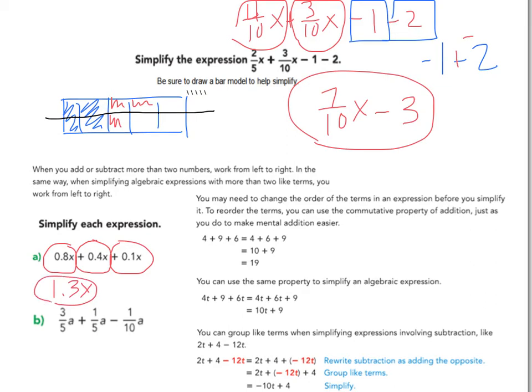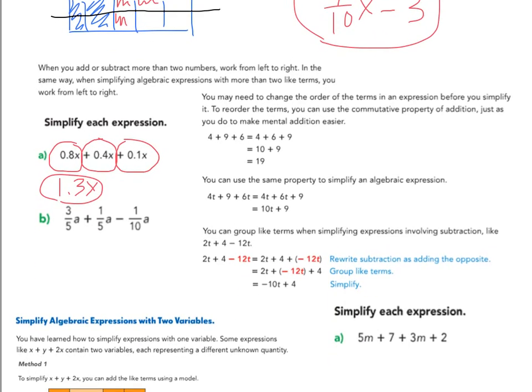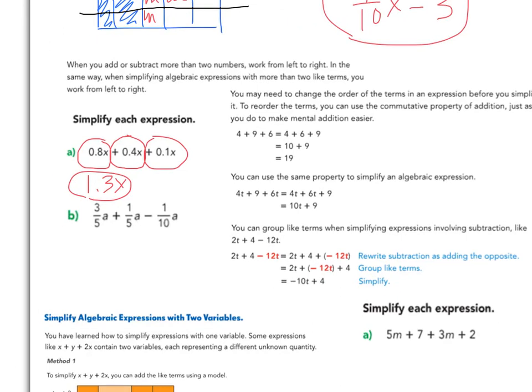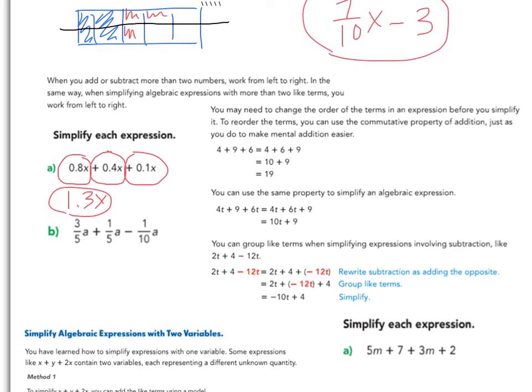1.3x. Okay, down here, we don't have a common denominator, so we are going to have to find a common denominator for fifths and tenths, which we did at the top is tenths. So this is going to be tenths plus tenths minus 1/10 is already in tenths.